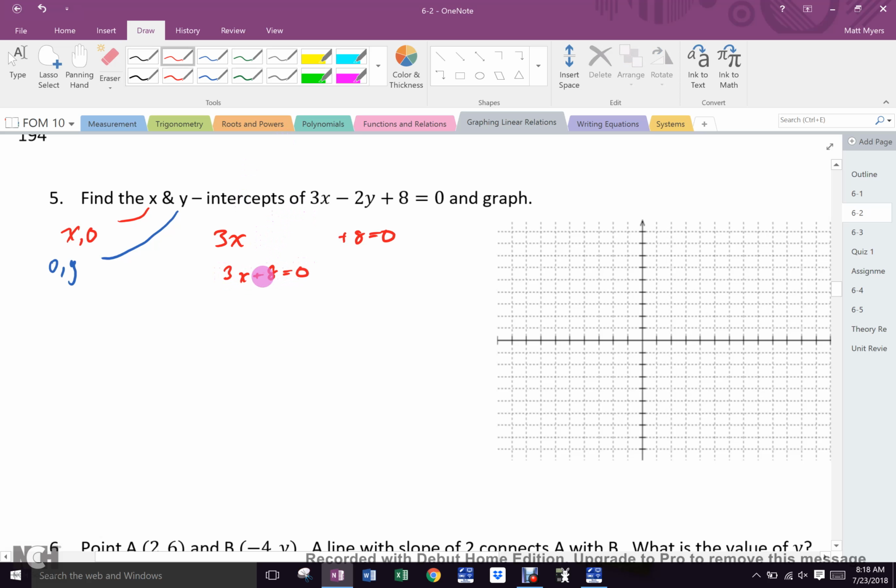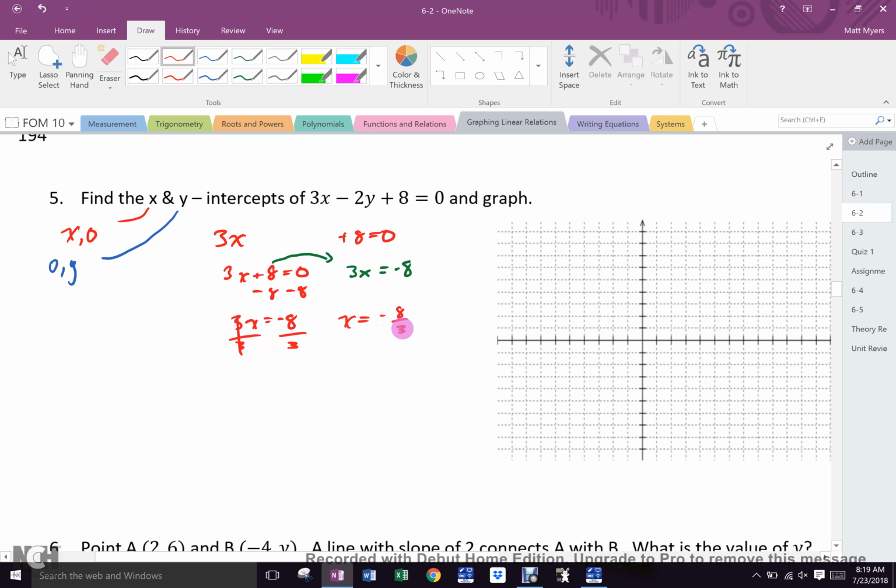You're going to do either minus 8 from both sides, 3x equals negative 8, or you're going to remember that you can just move anything to the other side of the equation and change the sign. Right? Now what are you going to do? Divide by 3, and x will equal negative 8 thirds.